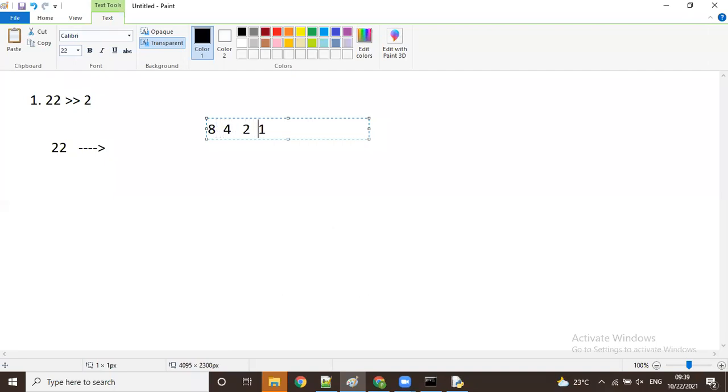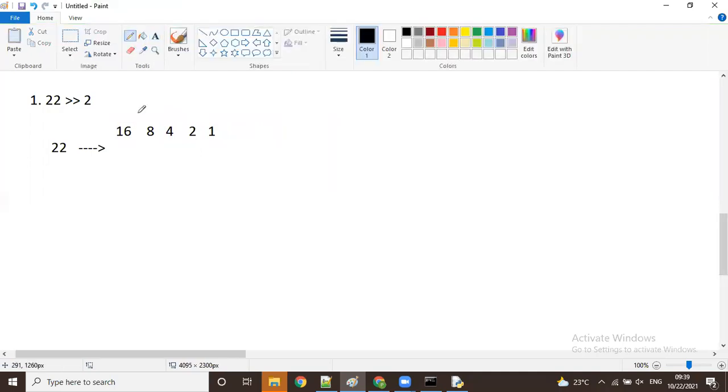Are these 4 numbers enough to get 22, or not enough? We need one more also. Which one, guys? 16 we need. Now get the binary value of 22. What is the binary value of 22 here? 16 plus 4 is 20, 20 plus 2. So here 0, here 0. Now what is over here? 22 over, guys, right?